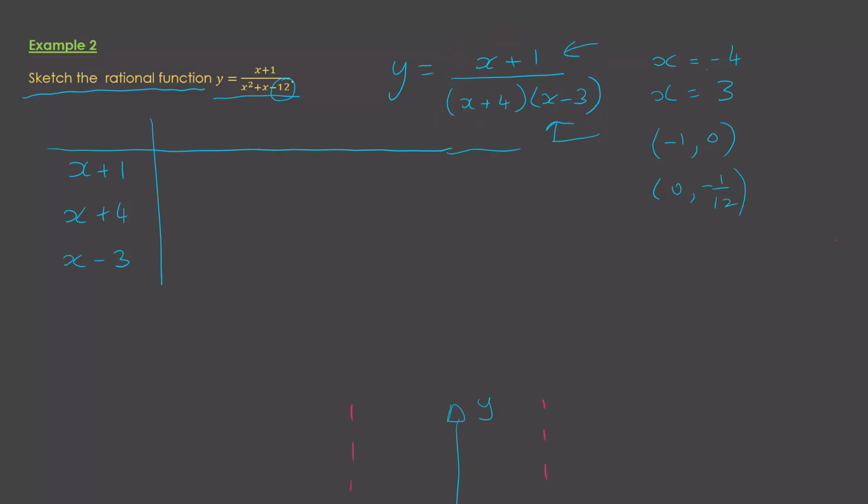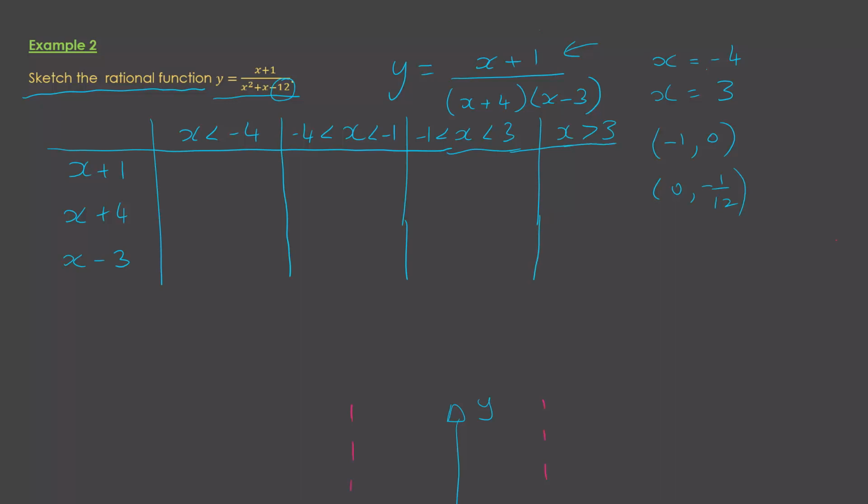So we can have to the left of negative 4, between negative 4 and the x-intercept at negative 1, in between negative 1 and the other asymptote at 3, and then beyond 3.